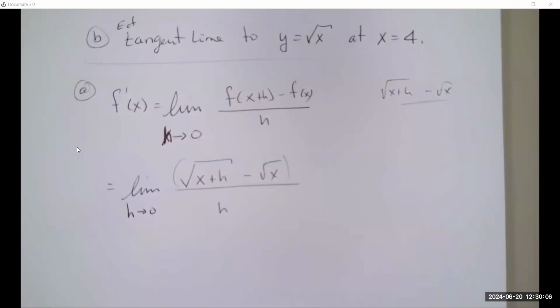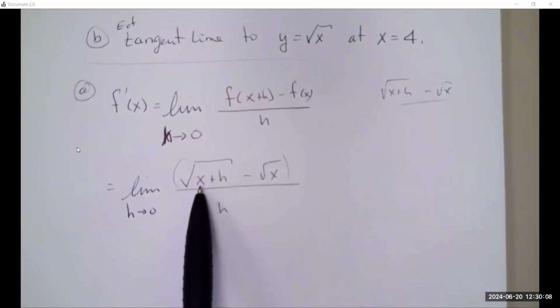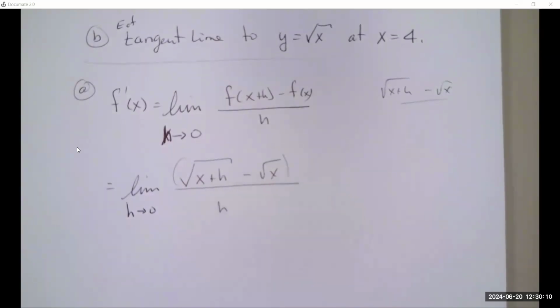Zero over zero. Because it'd be radical x minus radical x is 0 over 0, which is a good sign. How do we go about fixing that or solving it? Well, can we factor anything? No. Can we multiply by anything to make it work?